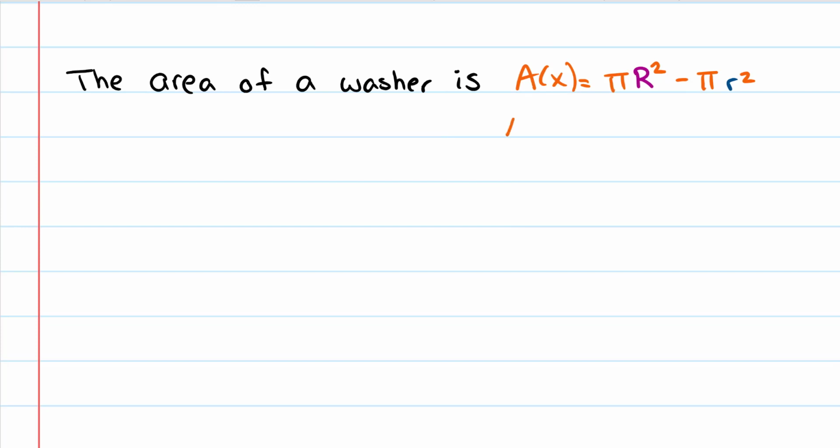And an easier way to write that, a little more simplified, is pi times the quantity capital R squared minus little r squared.